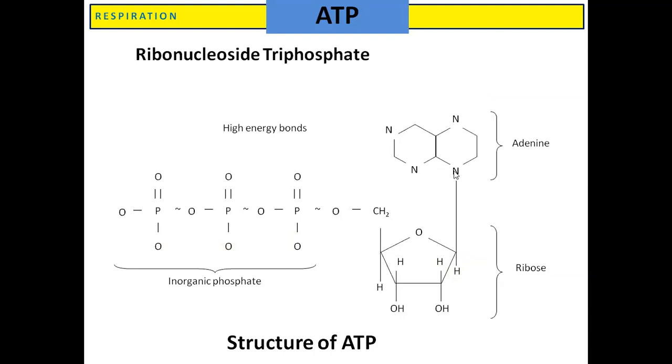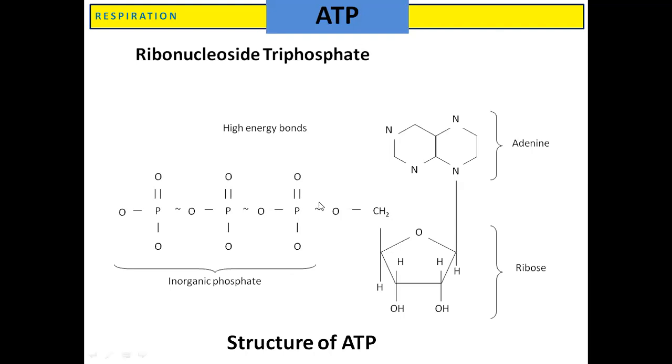Then this binding forms a nucleoside. Ribose plus adenine bind with the glycosidic bond and it is called adenosine. We call it the nucleoside.